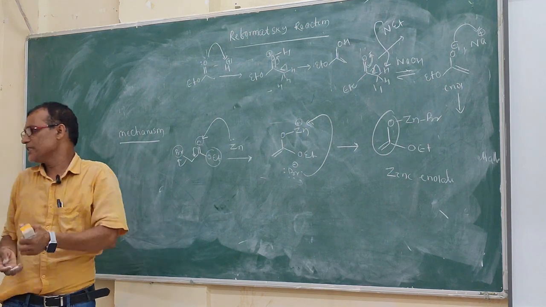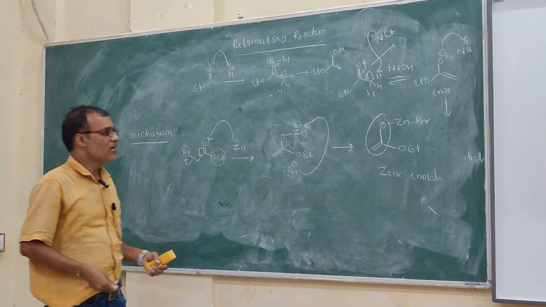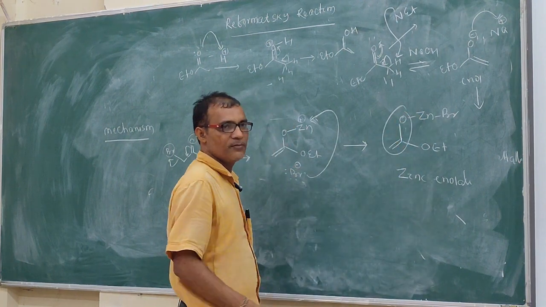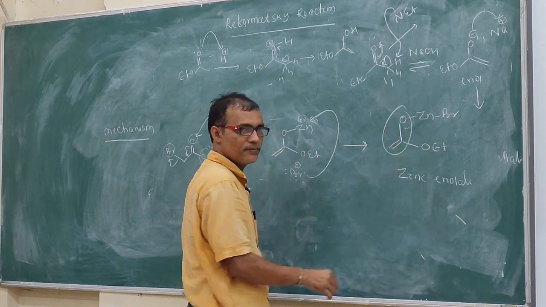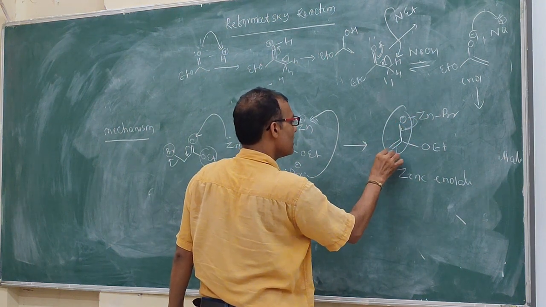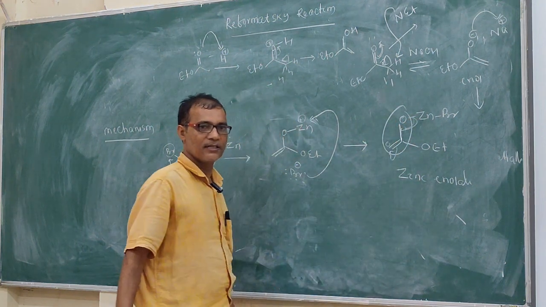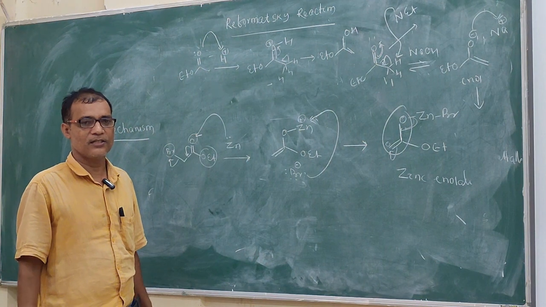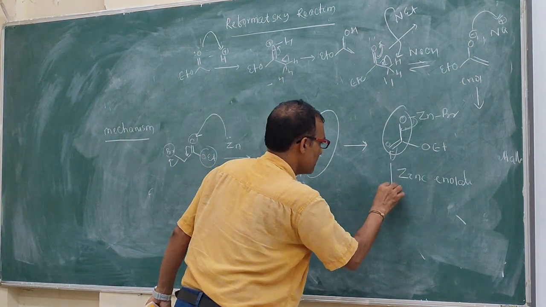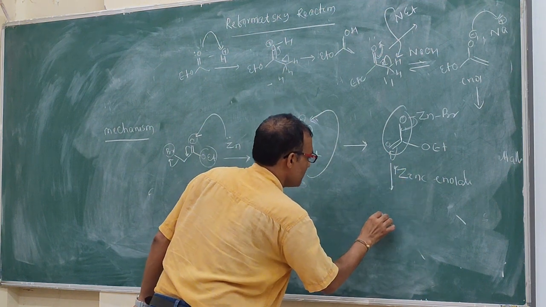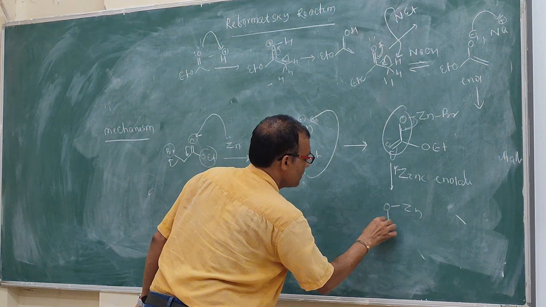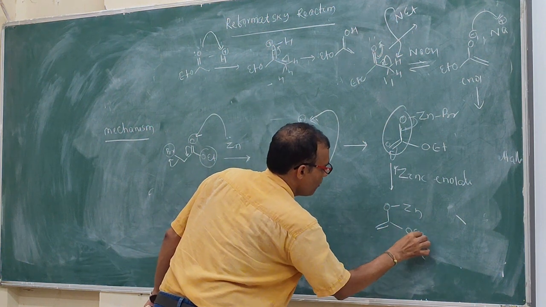Okay, so the zinc enolate, since there is enol-keto tautomerism, this will again go to the keto form. That means if this loses this, now this is a good nucleophile. Sorry, this will be the electrophilic center, because this one I can write this way. You have O, Zn, this OEt.